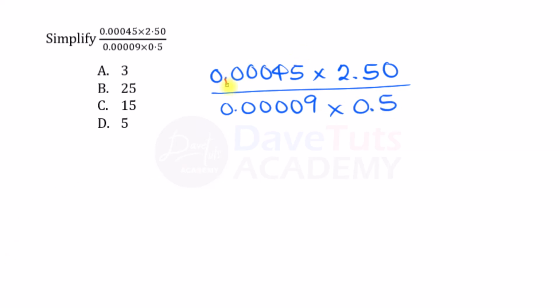So here I'm moving 1, 2, 3, 4, 5. So I'm having 45 times 10 raised to power minus 5, times, if I'm just moving this a singular point here, I'm having 250 times 10 raised to power minus 2.